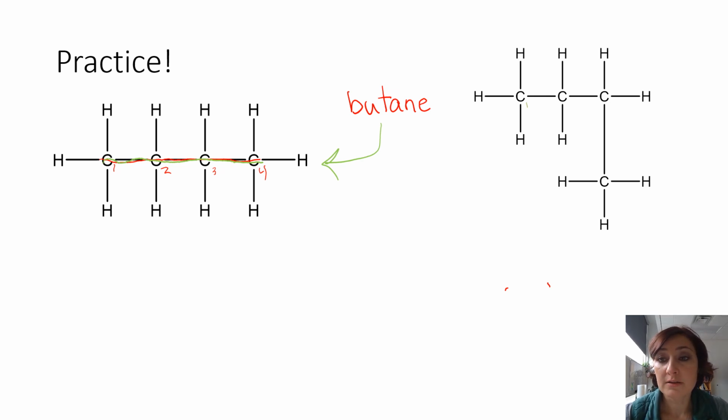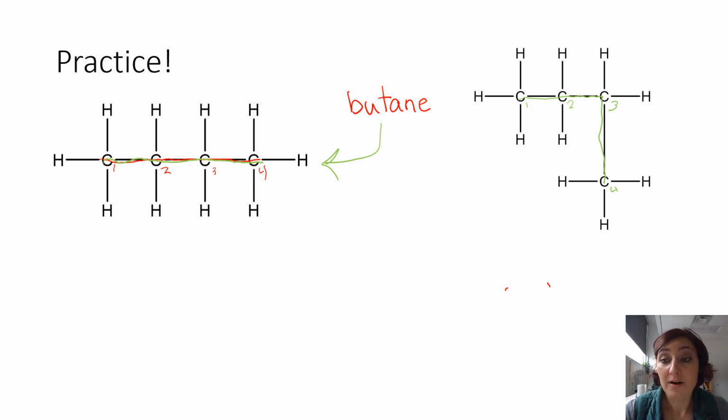I have 1, 2, 3, and guess what? My pen would not pick up off the paper to make that the longest chain. So what's tricky is the thought that these compounds are actually in space. They're 3D. I can twist them, I can turn them, I can move them. We just happen to represent them on a 2D plane. So this is bent, but it's still 4 carbons long in its longest parent chain.